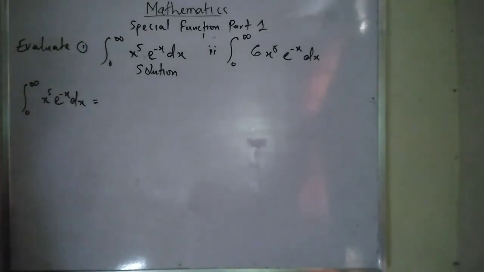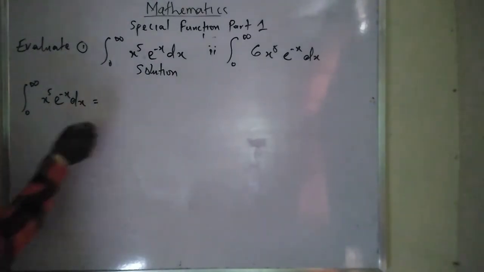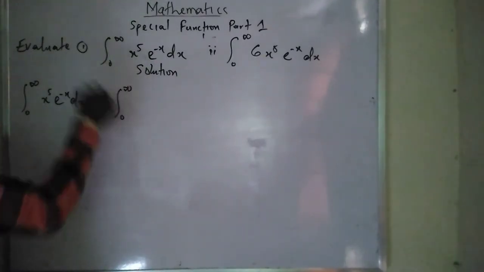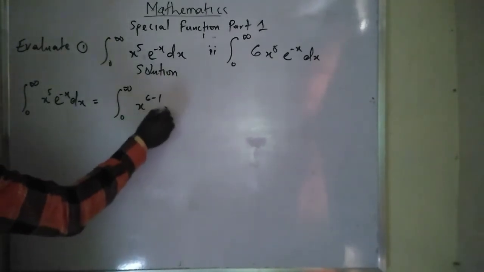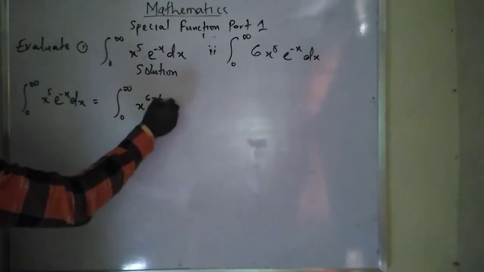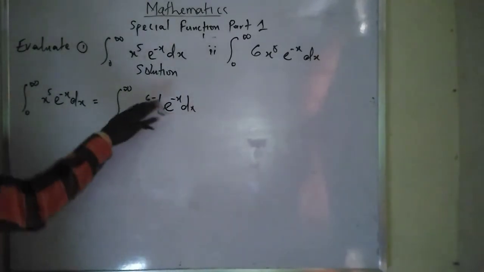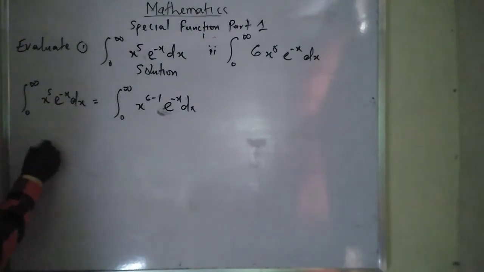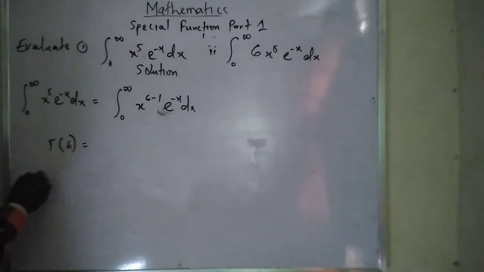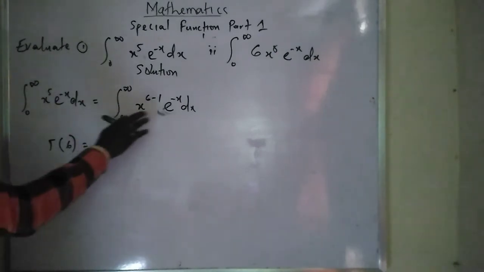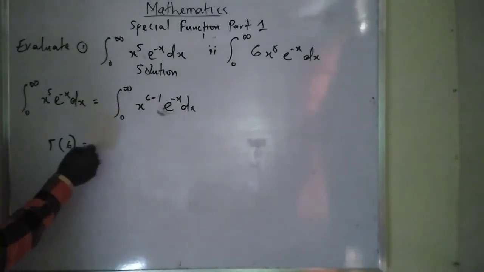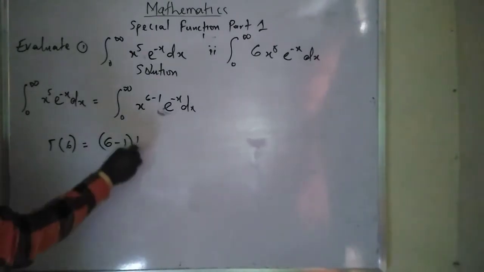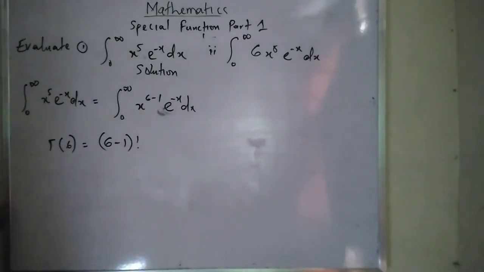This can also be expressed as the integral from 0 to infinity of x to the power 6 minus 1, e exponential of minus x dx. Since I can express this, my gamma of 6 will be equal to 6 minus 1 factorial.